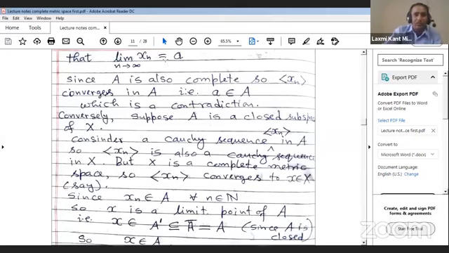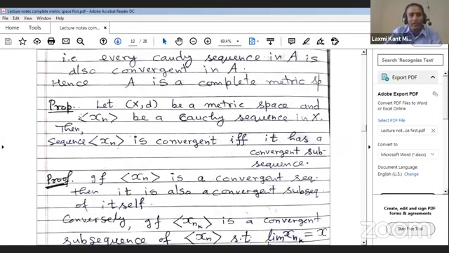Okay. So next, we have a proposition: let (X, d) be a metric space and the sequence xn is a Cauchy sequence in X. Then it is convergent if and only if it has a convergent subsequence.